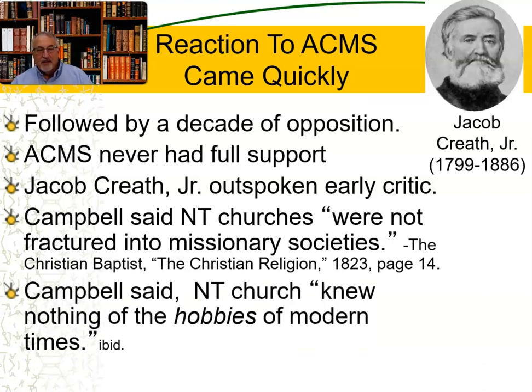Campbell said the New Testament churches were not fractured into missionary societies. And he also said the New Testament church knew nothing of the hobbies of modern times. So they're trying to use Campbell's words against the group which Campbell actually supports.